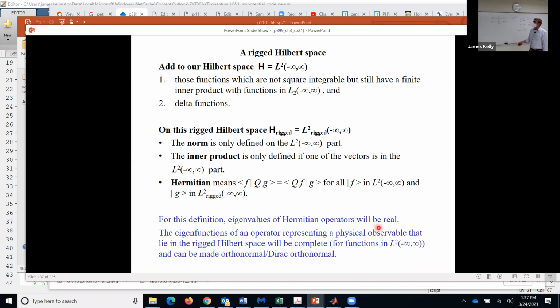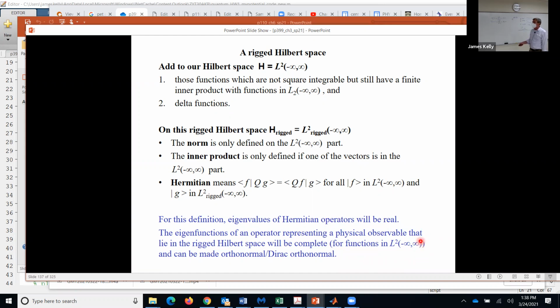Okay, and in that case, the eigenfunctions are going to lie in the rigged Hilbert space. They're not going to lie in the original Hilbert space, but they will be a complete set still for any square integrable function.